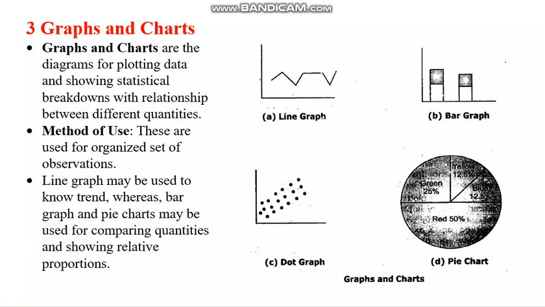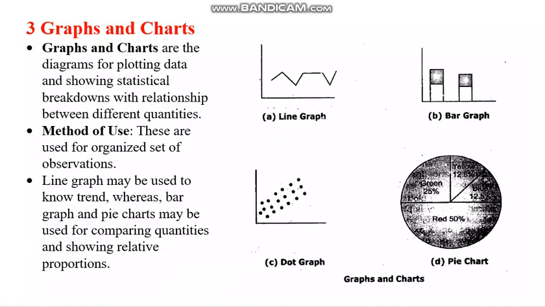Then next, graphs and charts. These are also tools for quality control. Some of these you may already be using, even in your studies. Graphs and charts are diagrams for plotting data and showing statistical breakdown with the relationship between different quantities. These are used for an organized set of observations.